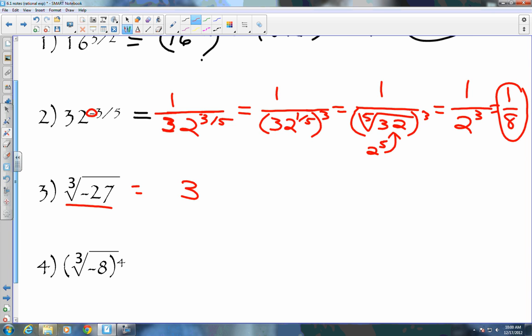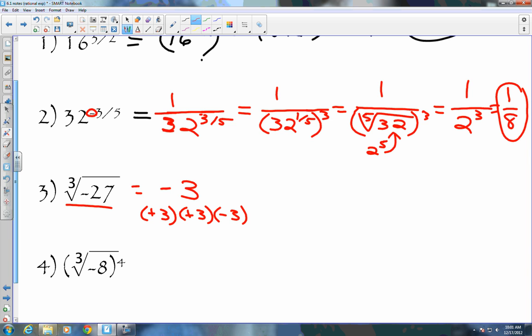Negative 3. Because if I go negative 3 times negative 3 times negative 3, well, negative 3 times negative 3 makes a positive 9. A positive 9 times a negative 3 makes a negative 27.